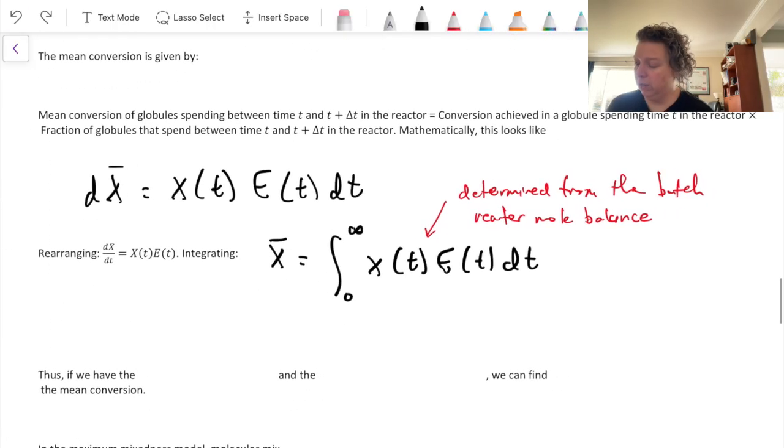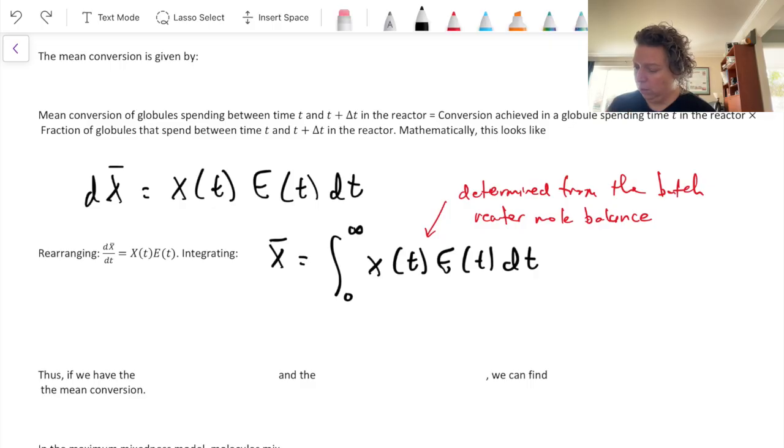The overall conversion in the reactor is given by this, so it doesn't matter what reactor we use. We can calculate the average conversion based on the batch reactor mole balance for the reaction and the residence time distribution of the reactor.